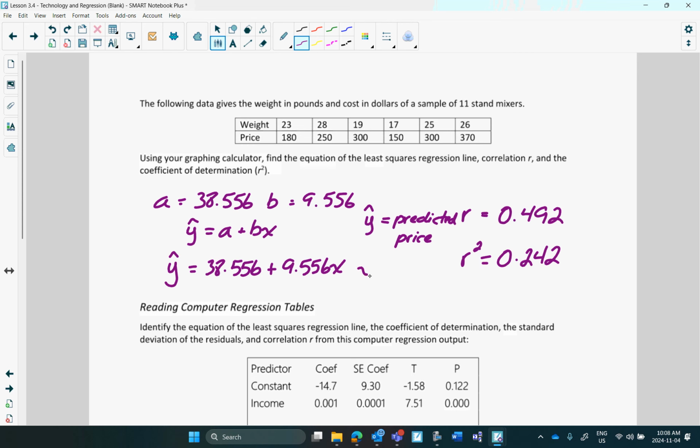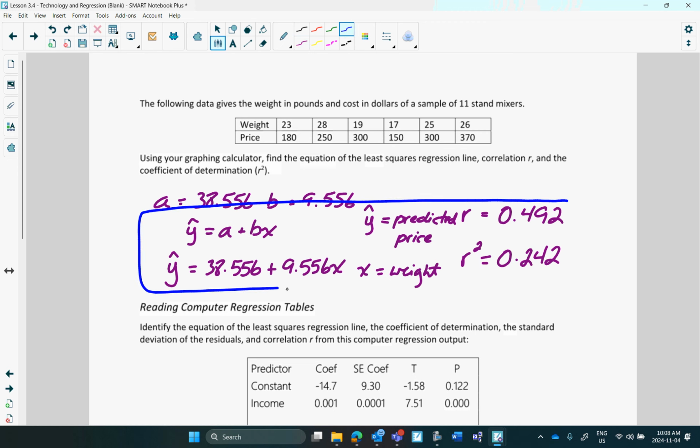And x represents the weight. So this is a completed answer. You don't have to write all this stuff here. You can go straight to the equation, but you've got to write what the variables represent. And then, of course, write r and r squared.